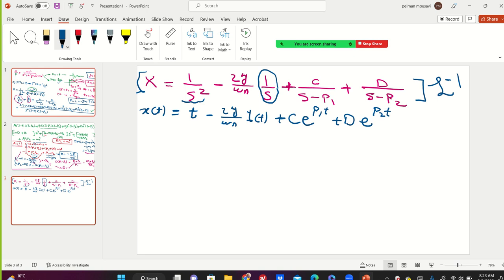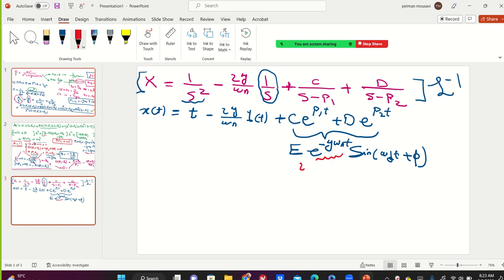We did it for that. Because these are complex conjugate, this eventually gives you e to the minus zeta omega n t times sine omega d t plus phi, as we did for the unit step. Means this decaying term, when time goes to infinity, goes to 0.